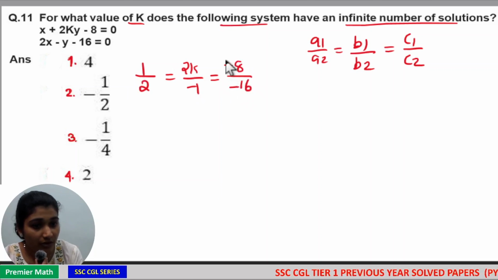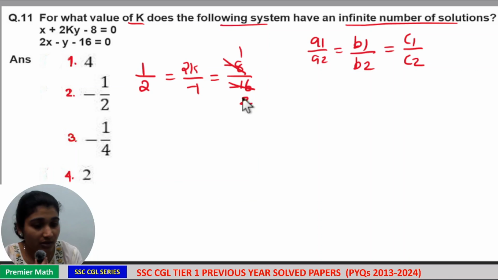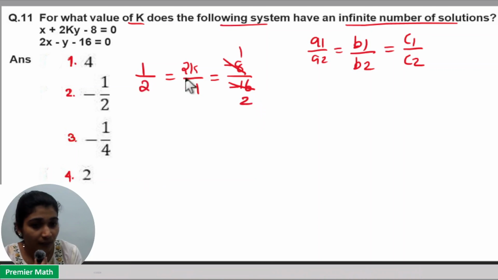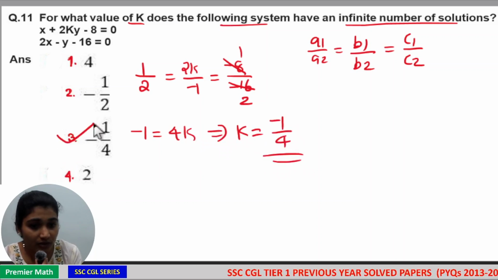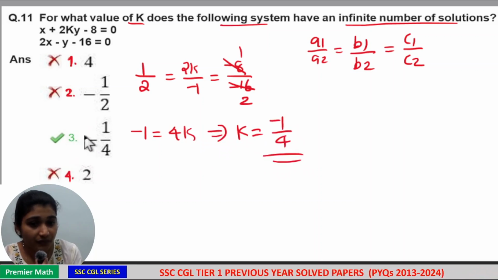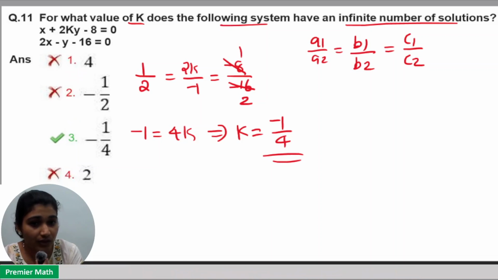Here this is 1 by 2 and this is also 1 by 2. Minus 8 goes 2 times in minus 16. So equate these two. Then you will get the value of k. Here minus 1 is equal to 4k means k is equal to minus 1 by 4. So option 3 is your answer. So at k is equal to minus 1 by 4, these two equations have infinite number of solutions.